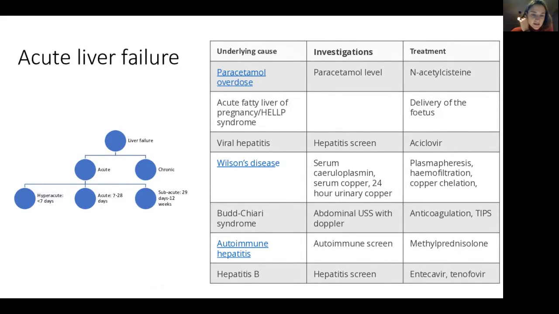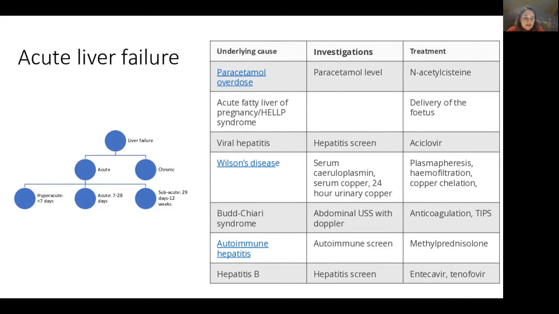Wilson's disease is caused by a buildup of copper in the liver and also in other organs, and you can diagnose that by measuring serum copper, serum ceruloplasmin, which is a protein that transports copper, and urinary copper as well. And that can be treated with copper chelation or hemofiltration or plasmapheresis.